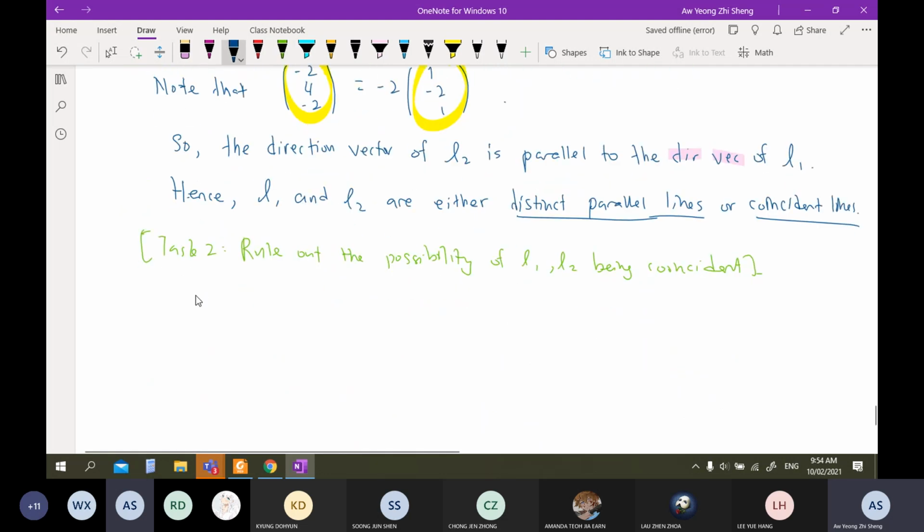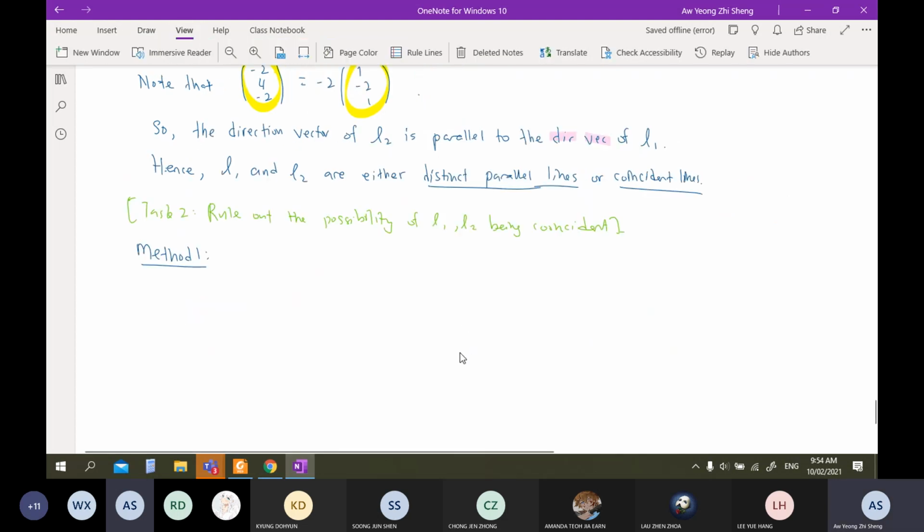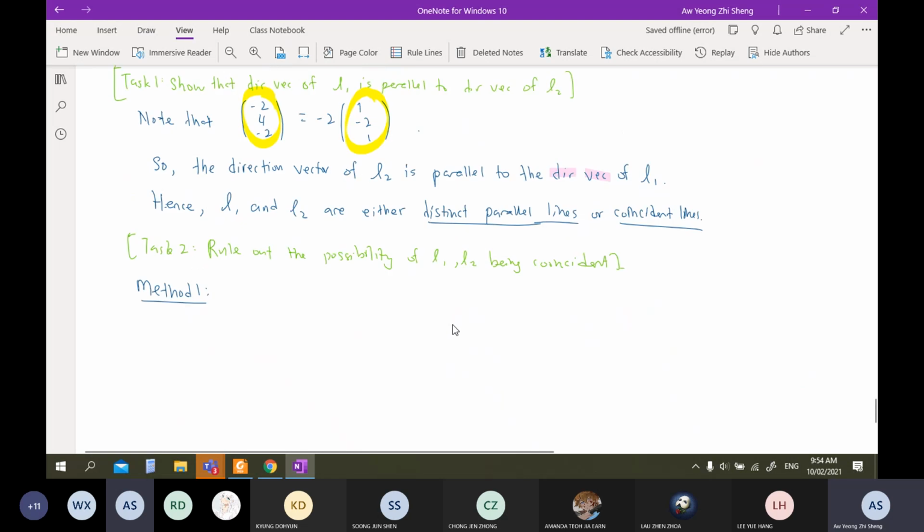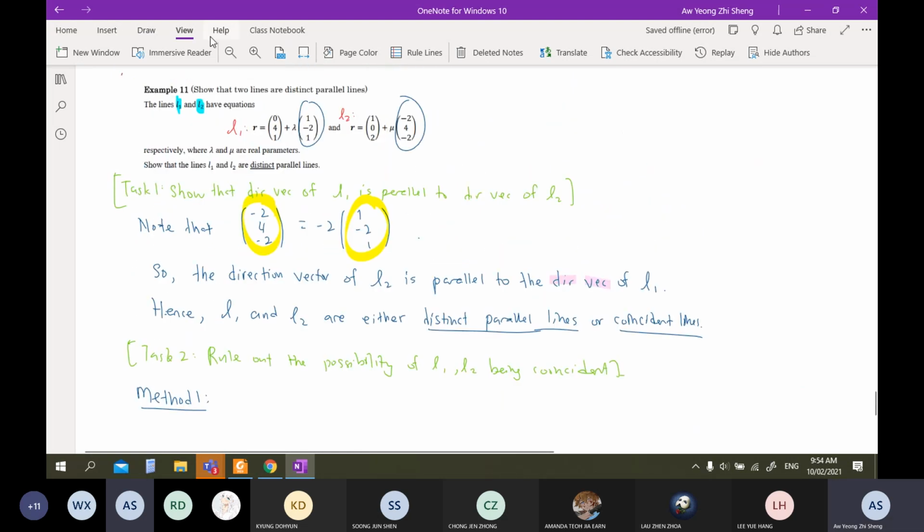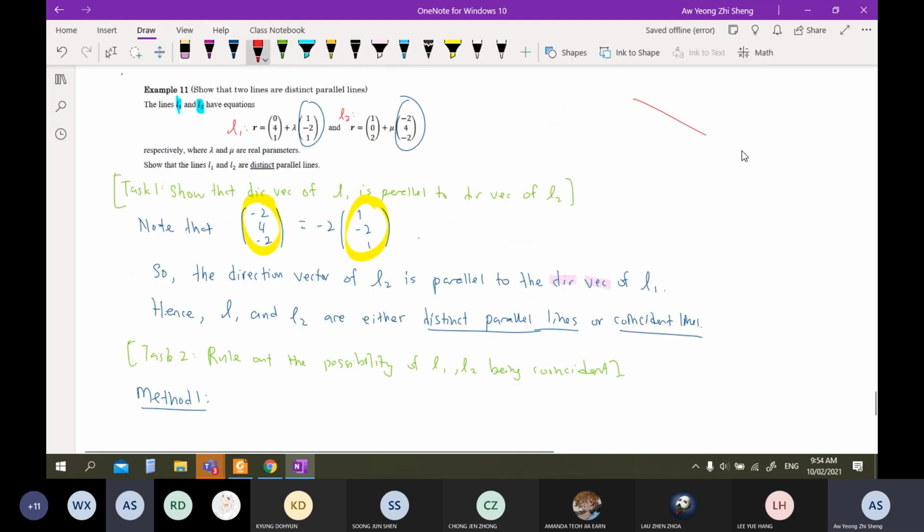Okay, so here if you use method 1, method 1 is to construct a vector connecting one point on L1 to another point on L2. And noticing that this vector is not parallel to the direction of L1 and L2.